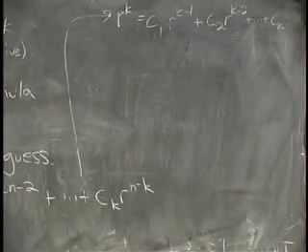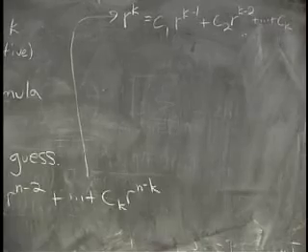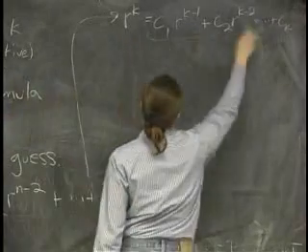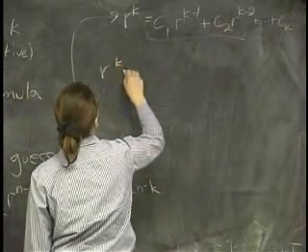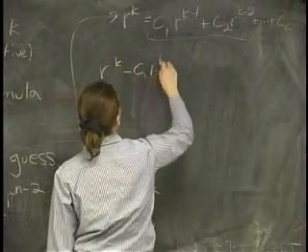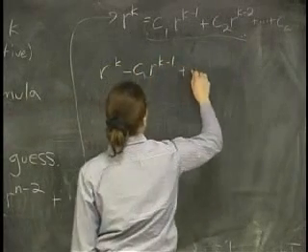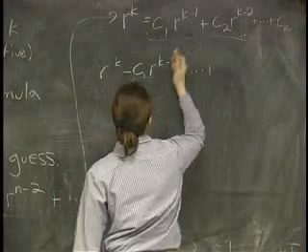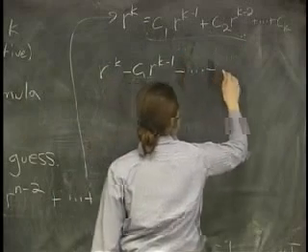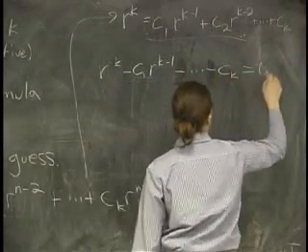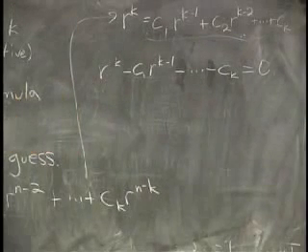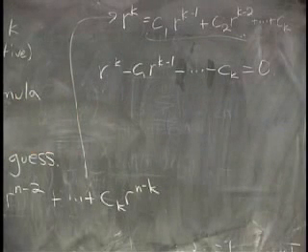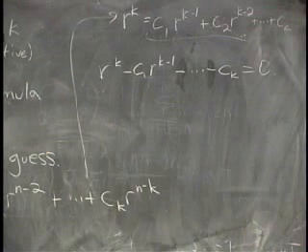So I get this equation in r. I bring all this over to the other side, and I get r to the k minus c1 r to the k minus 1 minus ... minus ck equals 0. And so what I end up with is that r must be a root of this polynomial, which comes from here.